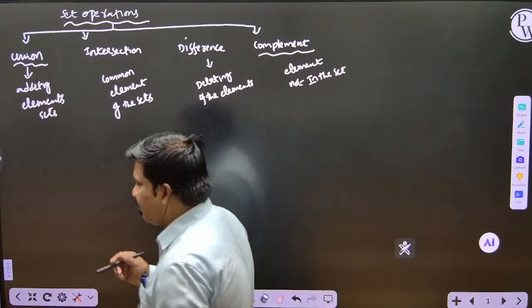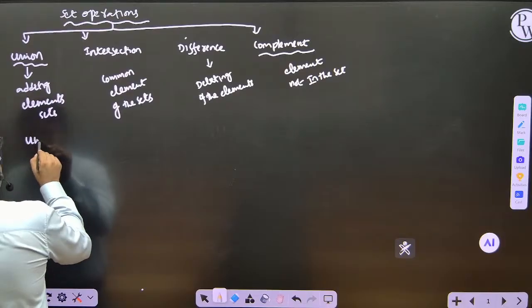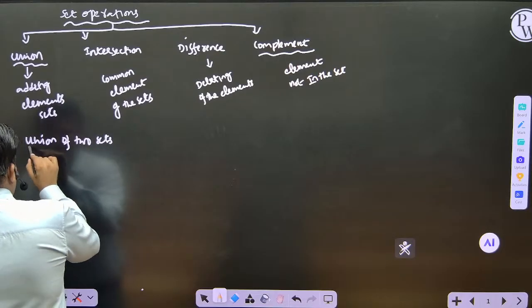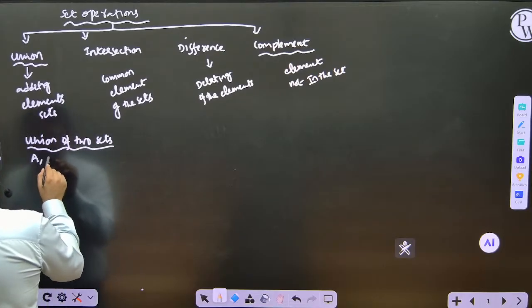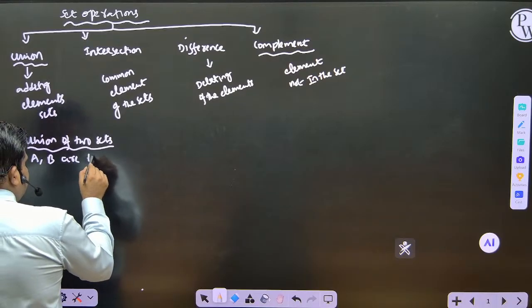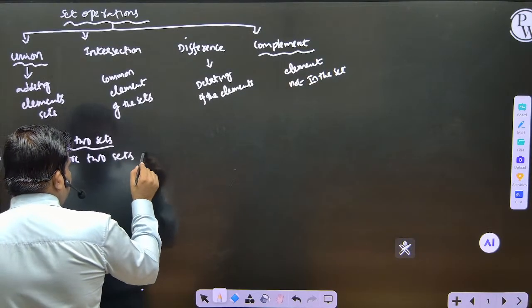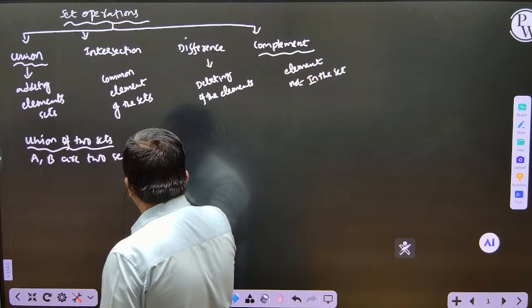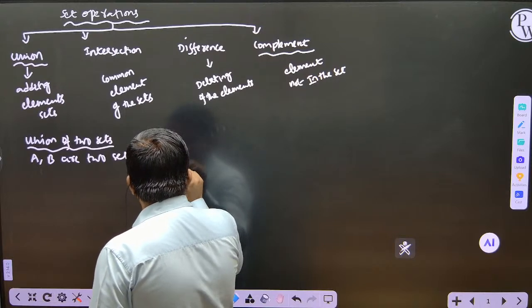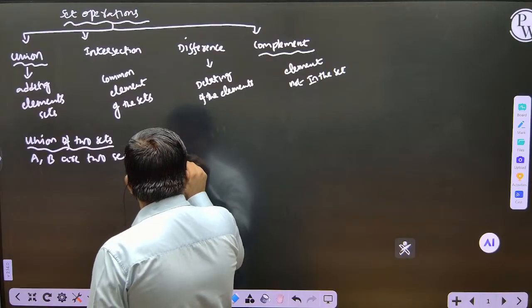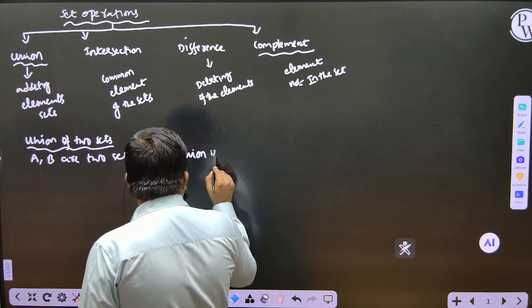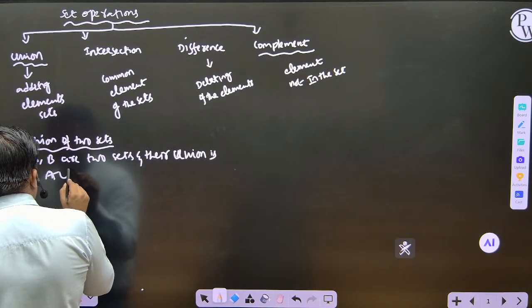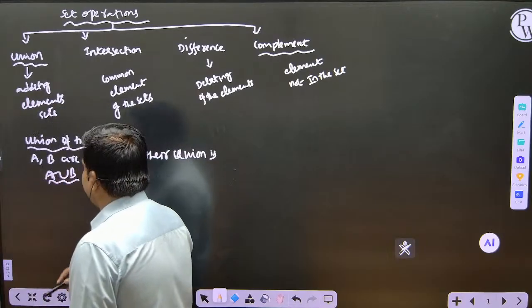Now what is union of the sets? Union of two sets. A, B are two sets, and their union is A union B. This is the set operation.